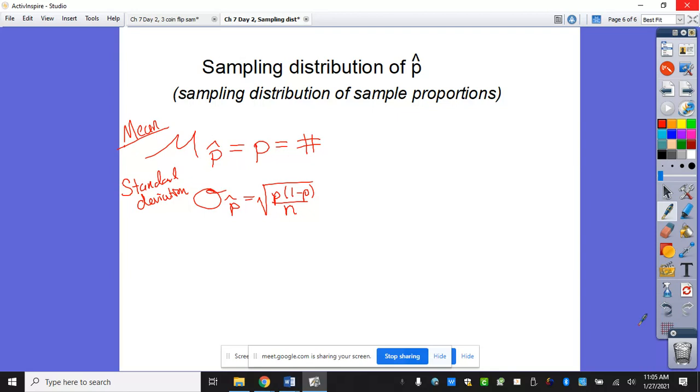So what do you think is going to happen to your standard deviation as your sample size gets bigger? It's going to decrease. So as your sample size gets bigger, that outlier has less effect, so it's going to decrease.